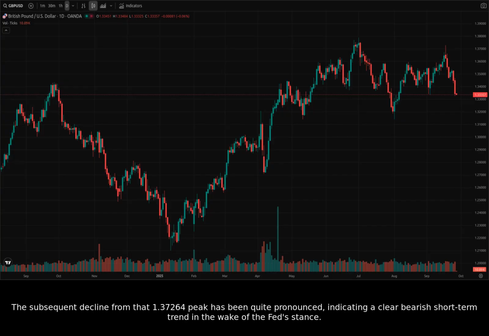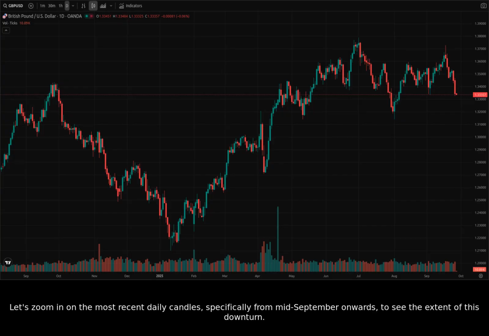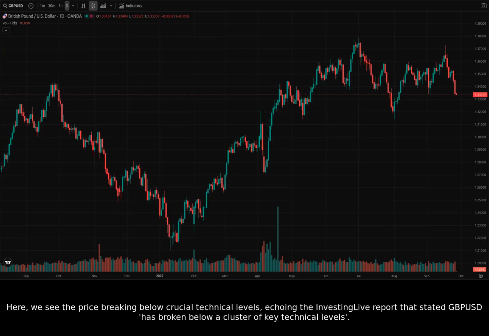in the wake of the Fed's stance. Let's zoom in on the most recent daily candles, specifically from mid-September onwards, to see the extent of this downturn. Here, we see the price breaking below crucial technical levels, echoing the Investing Live report that stated GBPUSD has broken below a cluster of key technical levels.